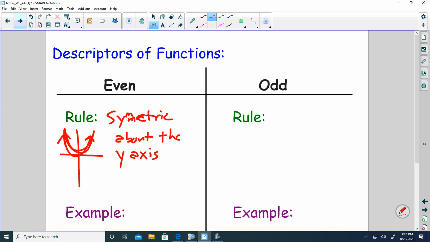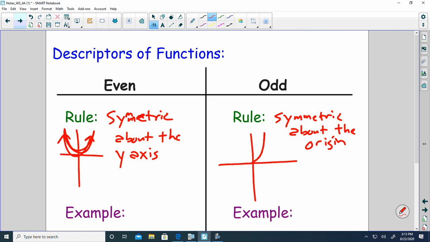An odd function means it's symmetric about the origin. That could be something like this on an xy axis. If I held this point right here, the point here would rotate all the way down to this point here.